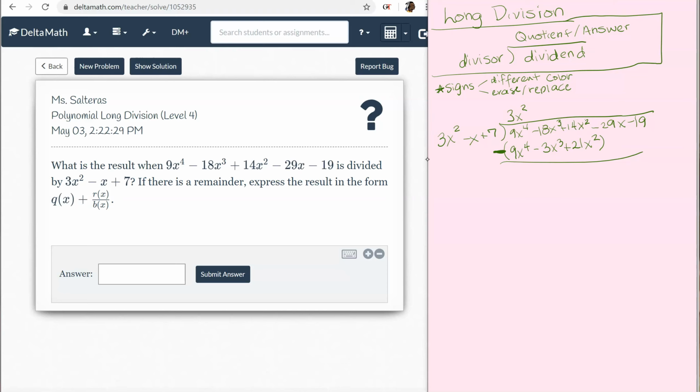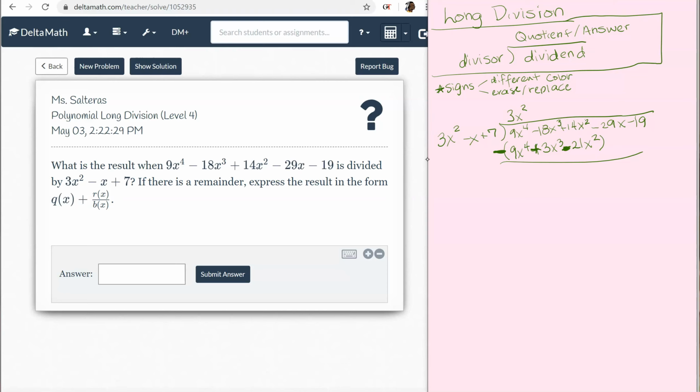So it says negative 9x to the 4th. This positive becomes negative. So I'm going to go ahead and erase and replace with a negative. If you make your signs a little bit darker, then you can see that you actually replaced it. So at least this way you can tell yourself that, oh, I did do that. Okay, and then add straight down.